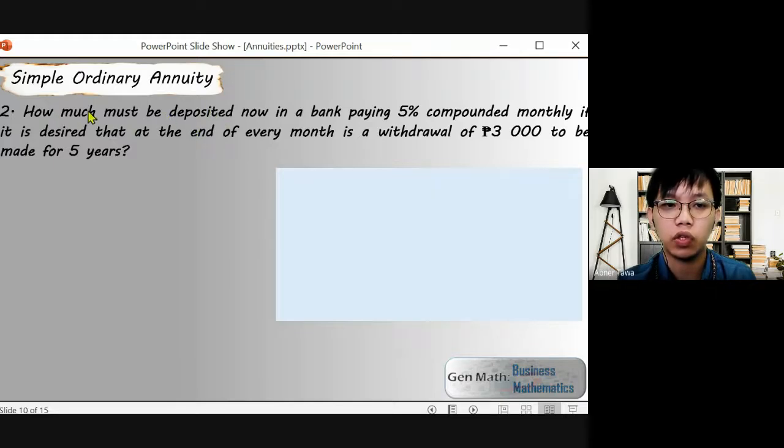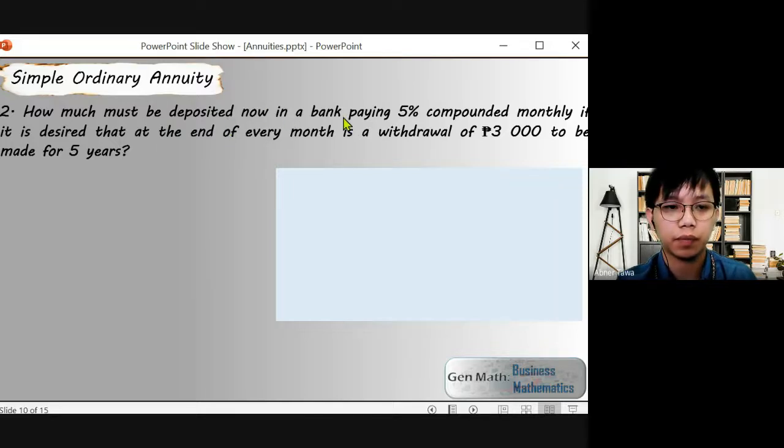Ayan. So you need to understand some of the ways of how they are going to specify the unknown. It's not necessary na it is specified na present value or future value or sometimes periodic payment. So you need to understand the given problem and comprehend it.